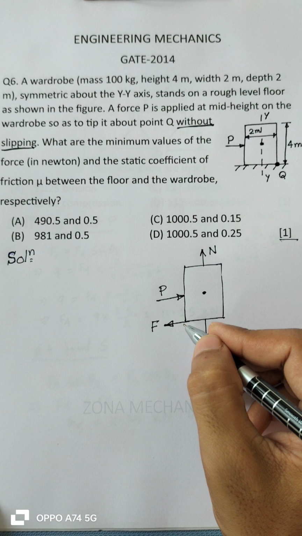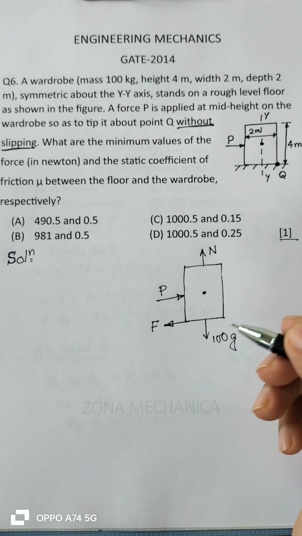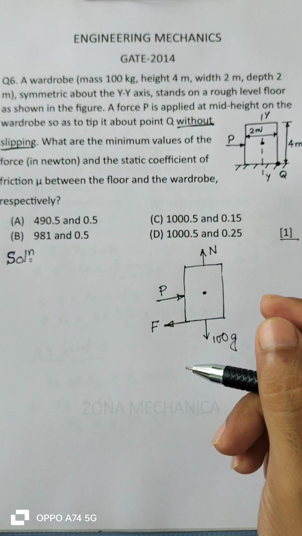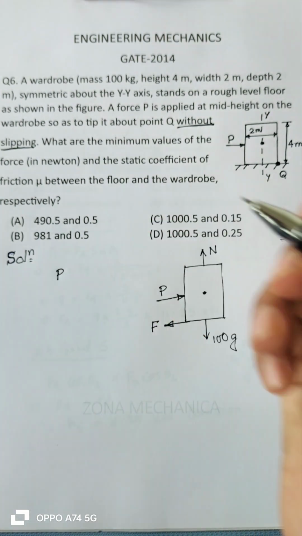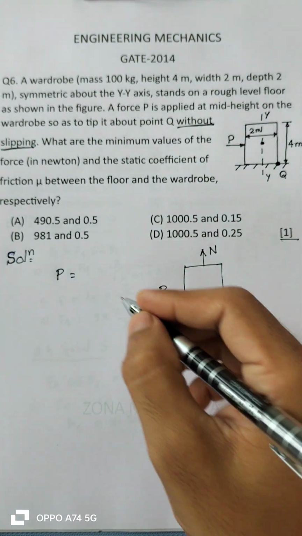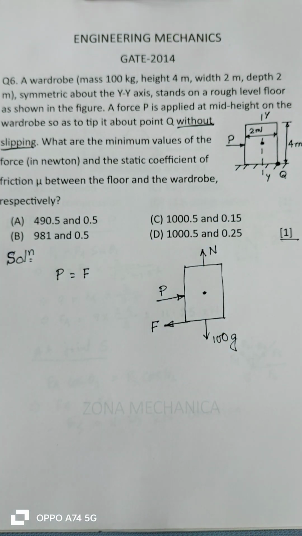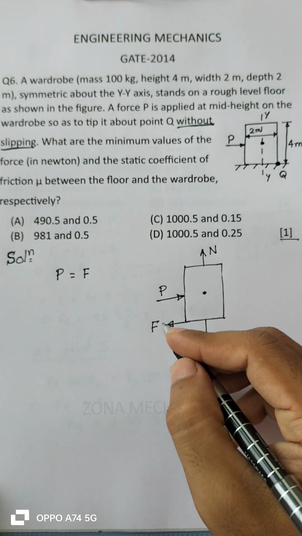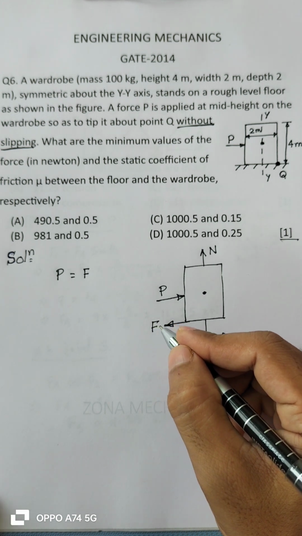So up to that point, these two will be proportional and equal. P is equal to F up to the limiting friction. Let's suppose this is the limiting friction F.